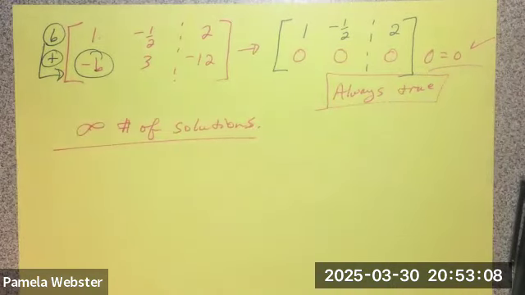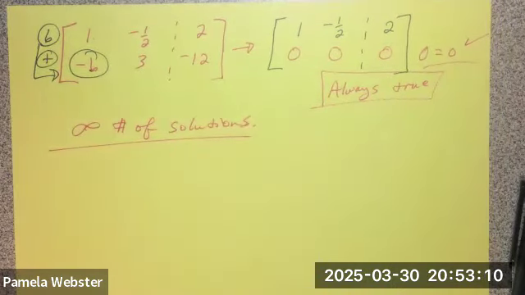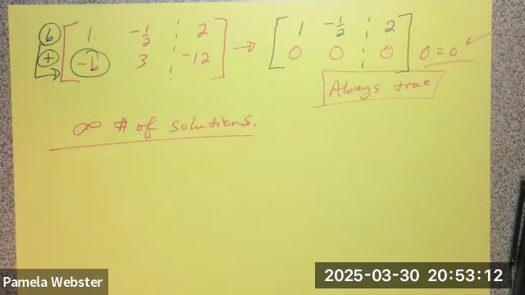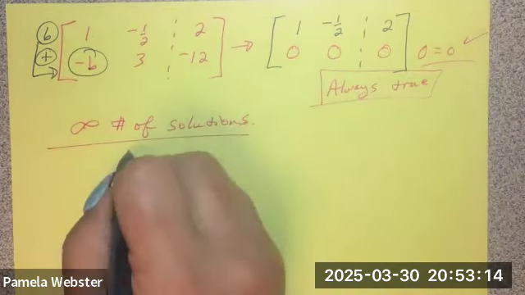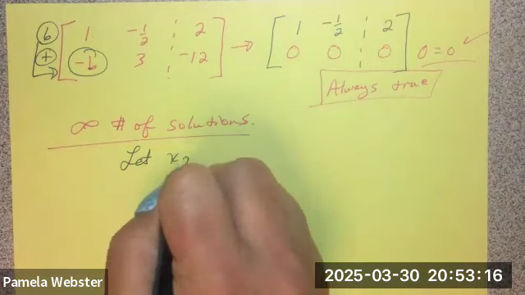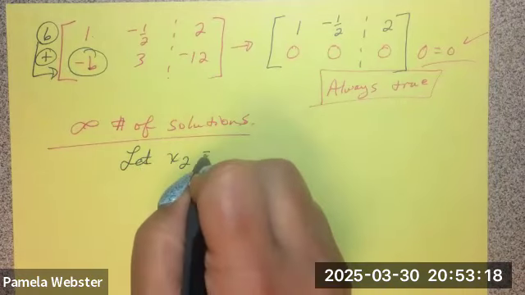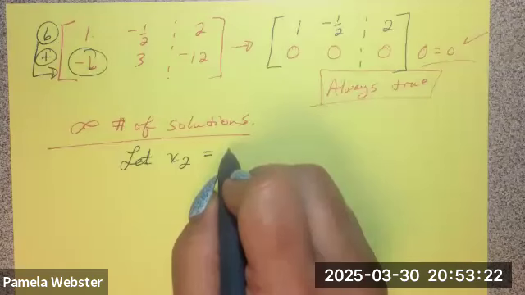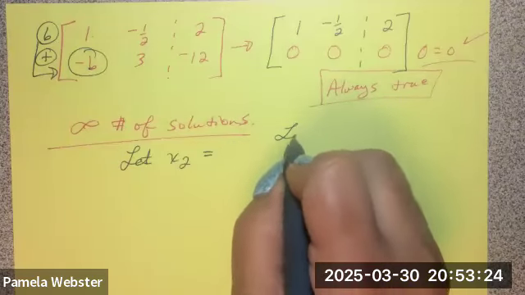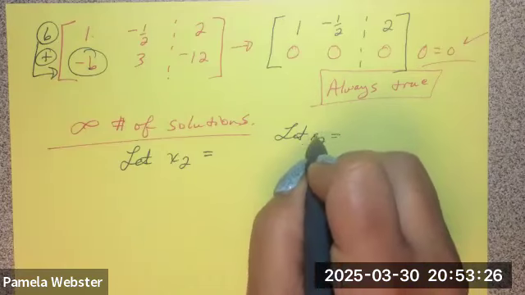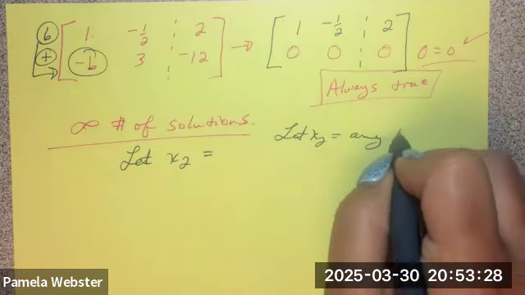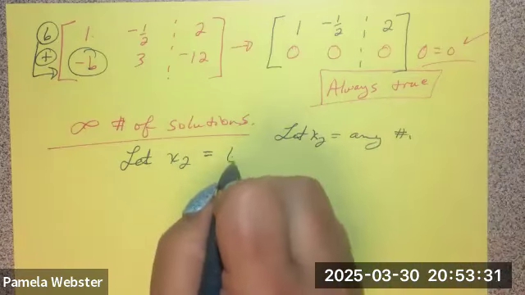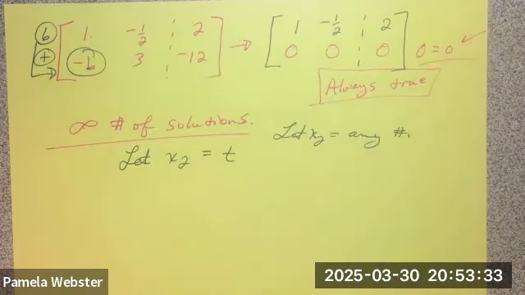Okay. So what you'll see that they do in your book, or in the homework, I'm sorry, is they'll say let x sub 2, and I don't know why they feel the need to substitute. I like to say let x sub 2 be any number. A lot of times they'll say let it be t.